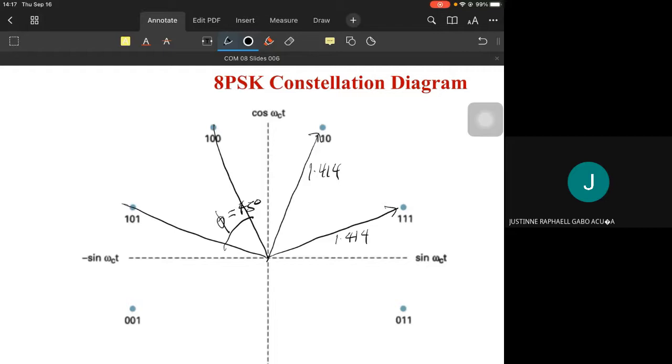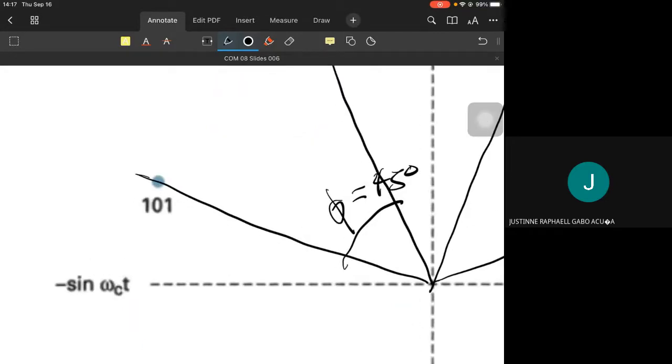Meaning the range of a symbol, let's say 101, the range of values the receiver can read as symbol 101 is 22.5 degrees from here, and another 22.5 degrees from here. So our system isn't perfect.